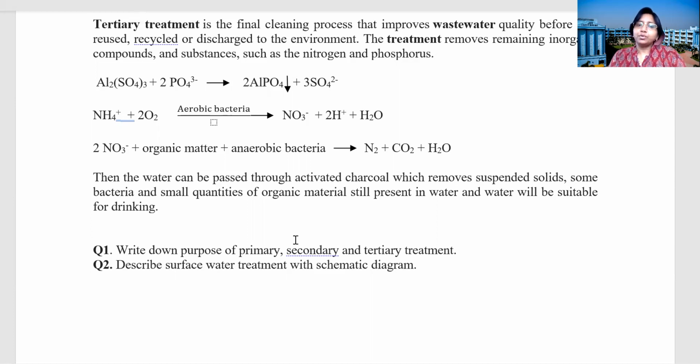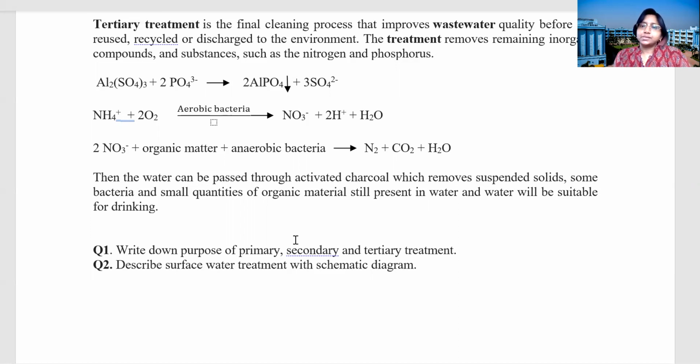And in the tertiary treatment, you can remove nutrients like phosphorus and nitrogen. So you can write the purpose of the primary, secondary, and tertiary treatment.